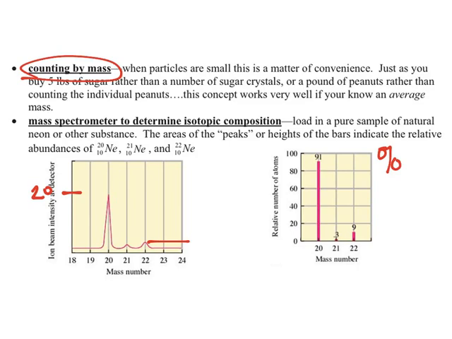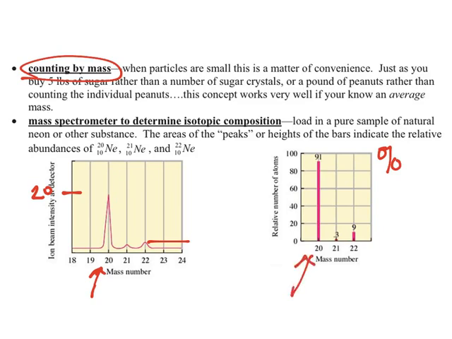Those peaks and the height of those bars tell you the relative abundance. If we look at this example with neon, we can see that isotope number 20 is the most common, so we would expect our average atomic mass to be closest to 20.